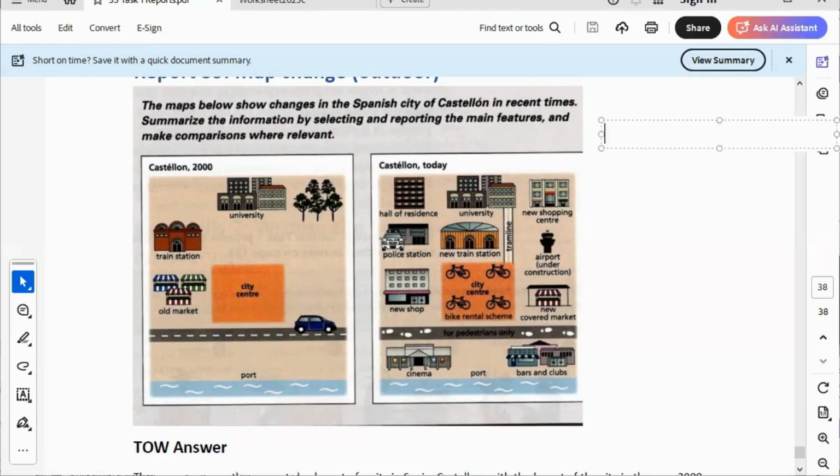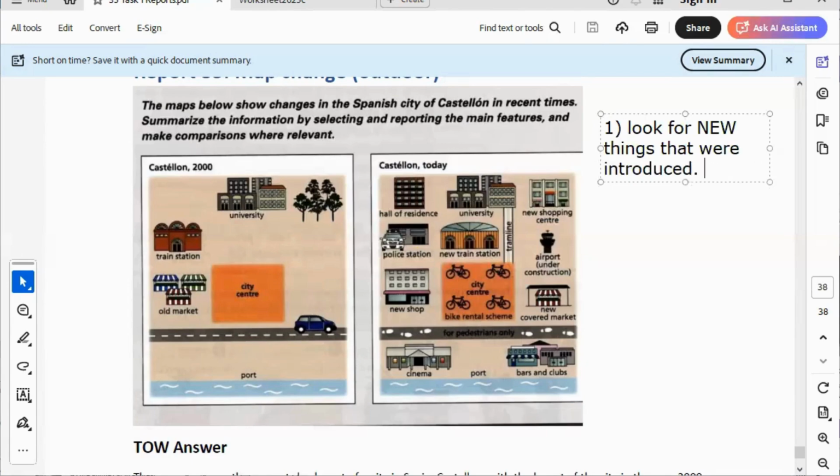Number 1, look for new things that were introduced. Number 2, look for old things that were removed.